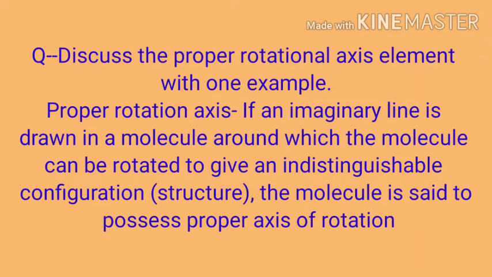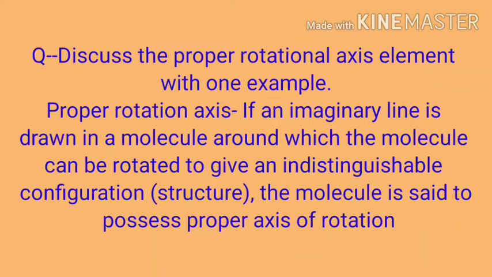Now let's discuss the proper rotation axis. It is defined as: if an imaginary line is drawn in a molecule around which the molecule can be rotated to give an indistinguishable, equivalent configuration, the molecule is said to possess a proper axis of rotation.